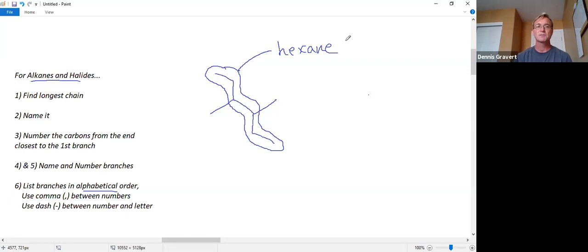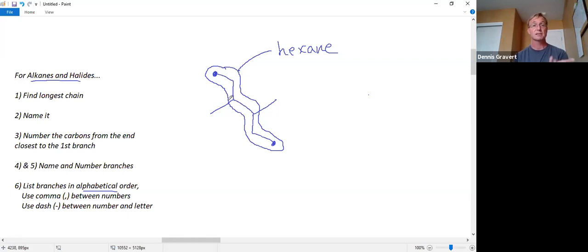Step 3, number the carbons from the end closest to the first branch. Okay, so there's 2 ends, the top end and the bottom end. Starting at the bottom, since that's where my pen is, this is carbon 1, 2, and then 3. Or up here, start at the top, that's 1, 2, and 3. Ooh, a tie.